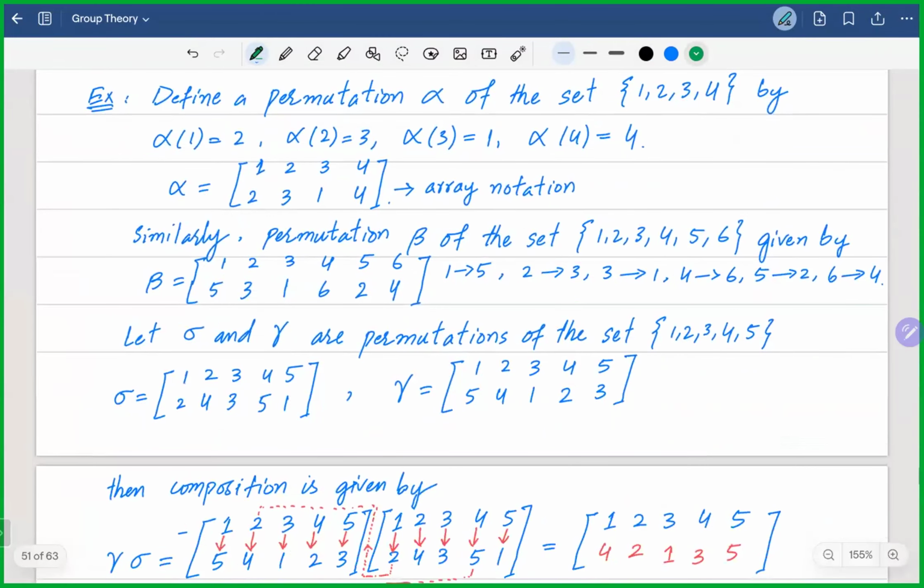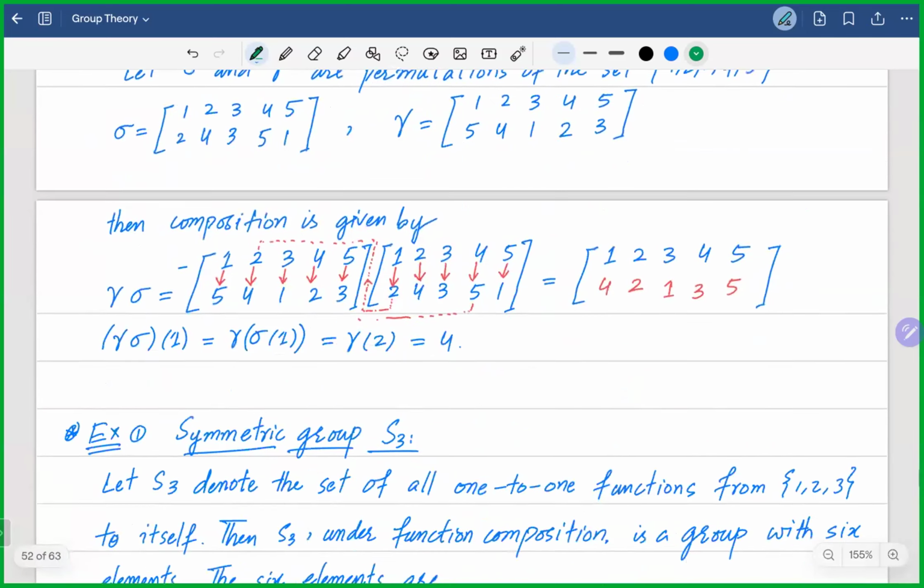As a permutation is a function, it's going to be a mapping from the set to itself. There is another way of writing a permutation, which is known as array notation.